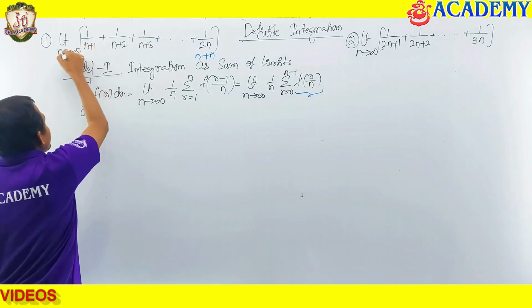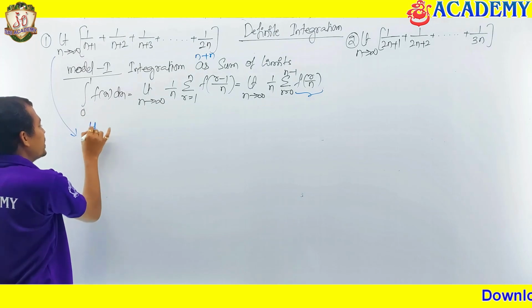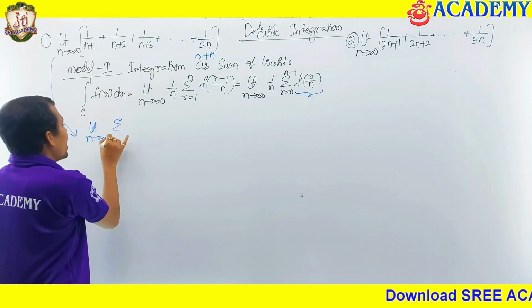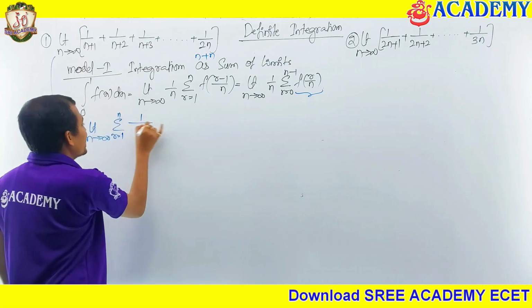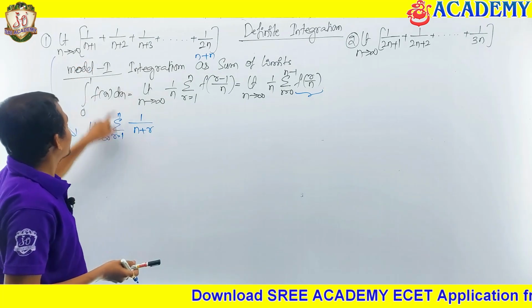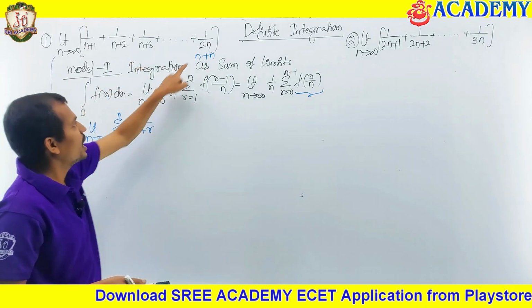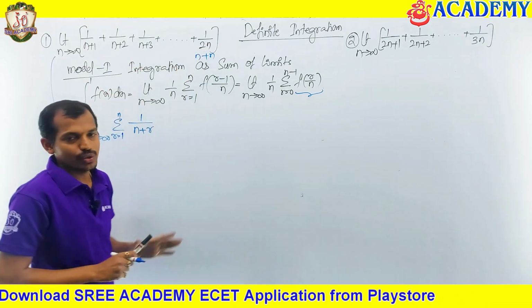I am writing this total question as the limit of a sum: limit n tends to infinity sigma r equals 1 to n 1 by n plus r. By changing r, from r equal to 1 you get n plus 1, r equal to 2 gives n plus 2, r equal to 3 gives n plus 3 and so on, and r equals n gives n plus n, that is nothing but 2n.